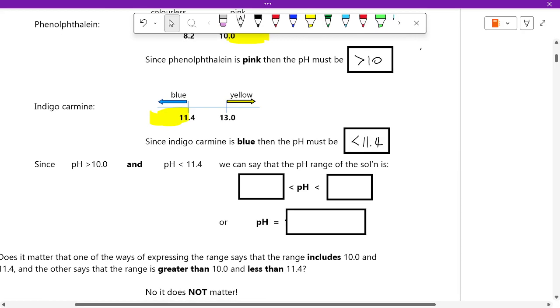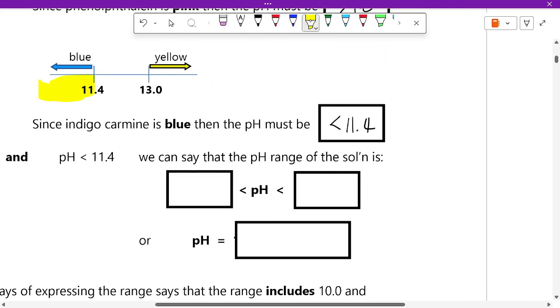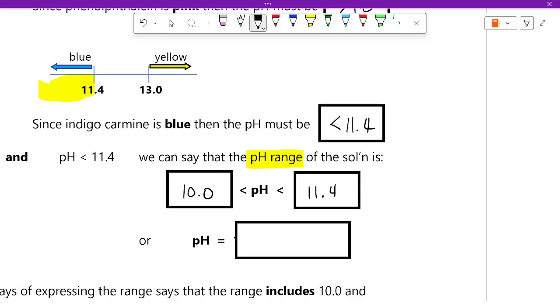So the pH range is, and this is how you can write it: you write pH in the middle, and you put a less than sign on one side and a greater than sign on the other side, and you say pH is greater than 10.0 and less than 11.4. Or you could say the pH is 10.0 to 11.4. That's another way of writing the range.